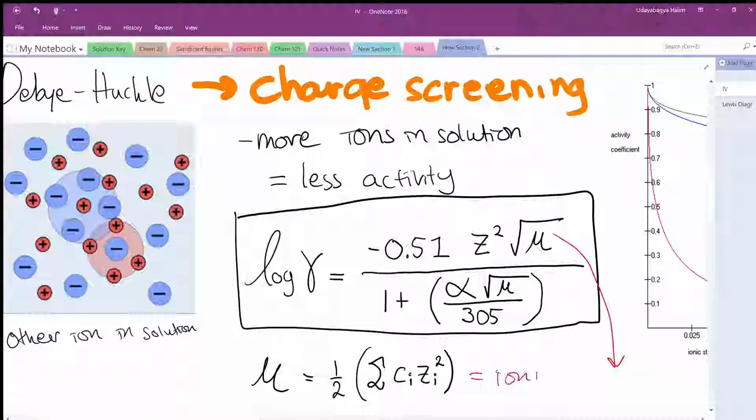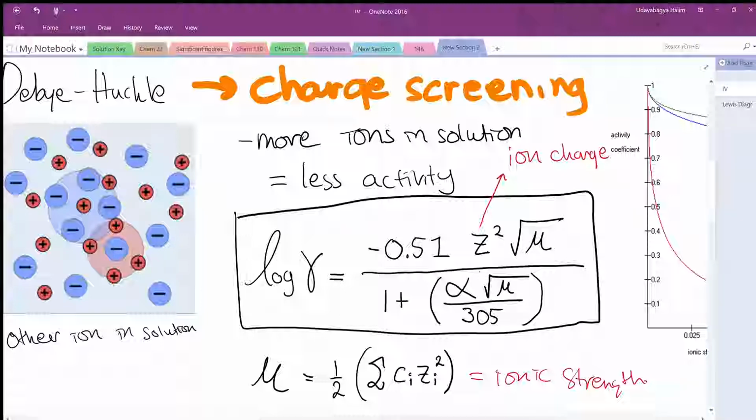Ionic strength. Thank you. So in this case, mu is the ionic strength, and z is going to be the ionic charge. Again, the higher the charge, the bigger the shielding is going to be.